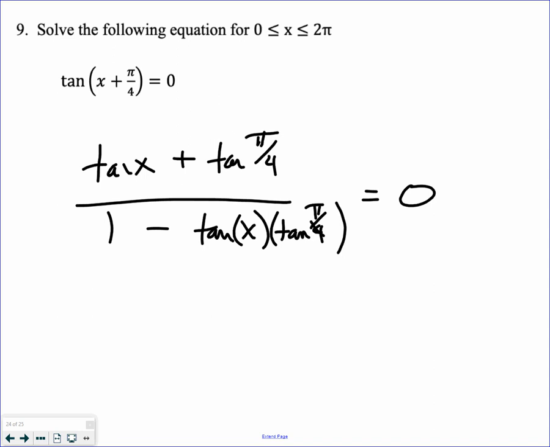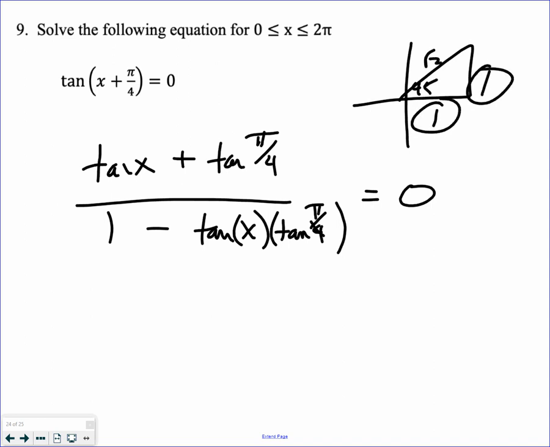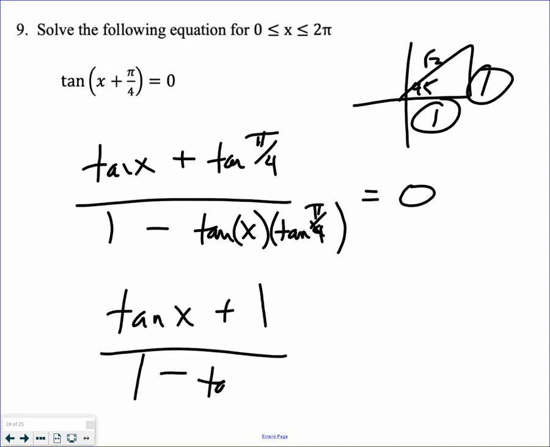Well, let's talk a little fraction stuff. So now, if I wanted to solve, let's figure out what pi over 4 is. Sorry. It has a 45-degree reference angle. And so tangent of this is 1, opposite over adjacent. So tangent of x plus 1 over 1 minus tangent of x equals 0.